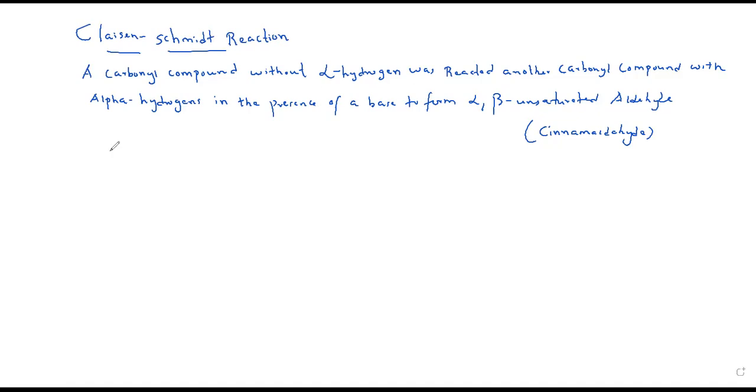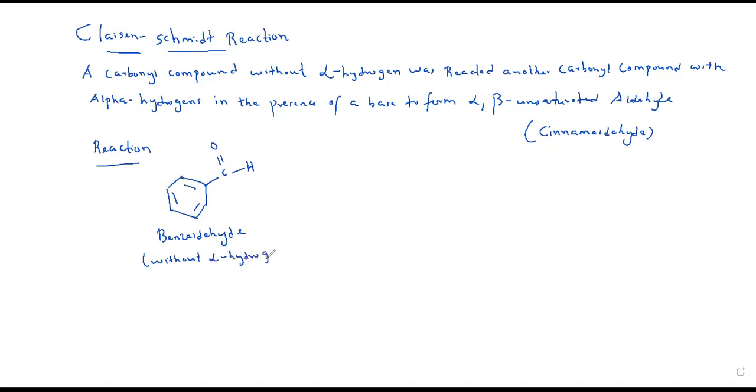Okay, so let us see the general reaction of this Claisen-Schmidt reaction. So I'm going to take one aldehyde. So you know this is benzaldehyde, right? And this is without alpha hydrogen. Plus, you are going to take another carbonyl compound with alpha hydrogen.